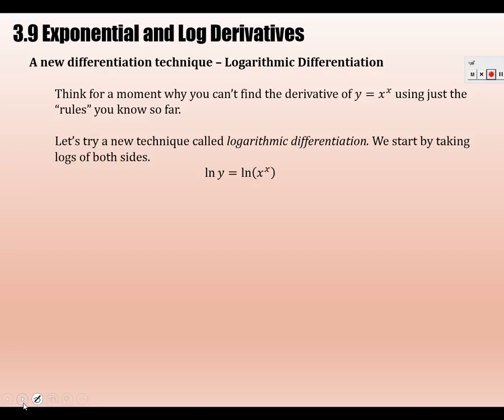So we're going to take the log of both sides, and maybe already you can see where this is going. Then we'll use implicit differentiation. That was the big trick right there, and then the rest is just working out what that means.